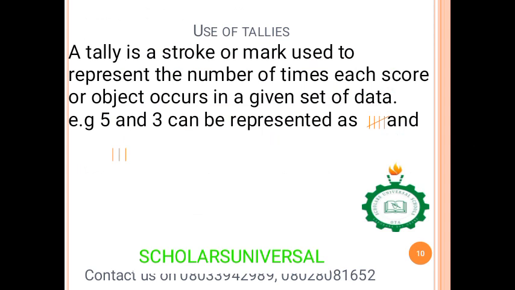So let's look at this. By the time you have 5, you want to have tally of 5. From here we have 4 lines. The 5th one is used to cross it. So where you have 3, there is 3. If you have 4, it will be 1, 1, 1, 1 in 4 places, and if it's 5, you have 4 strokes and cross it with 1.